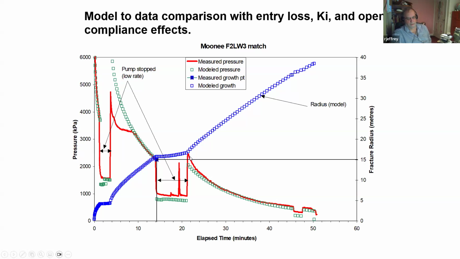And then eventually the injection pressure would fall down to half an MPa or less before a fall would be induced.